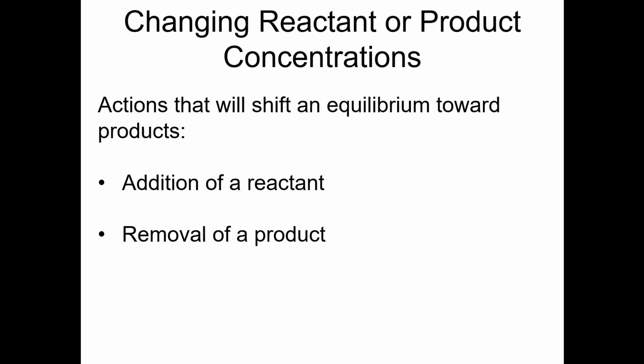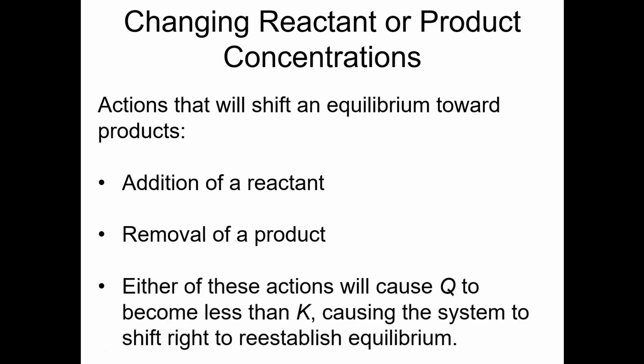Both of these things are going to decrease the value of Q, right? Adding a reactant increases the denominator, therefore Q goes down. Removal of a product decreases the numerator, therefore Q goes down. In either of these cases, Q is going to become less than K, and therefore the system is going to have to shift to the right to reestablish equilibrium.